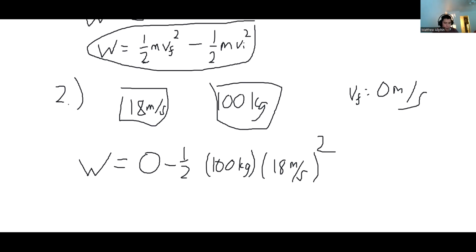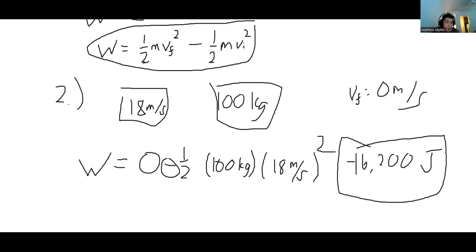So I plug that in my calculator. I get 16,200 joules. And that's a negative 16,200, right? There's a minus sign up here. I get that. And now, does that answer make sense?